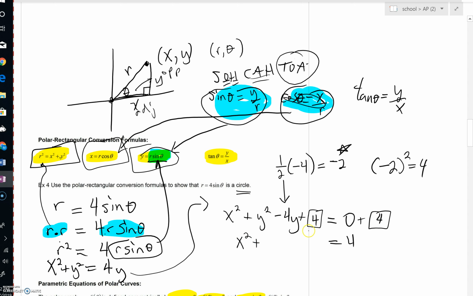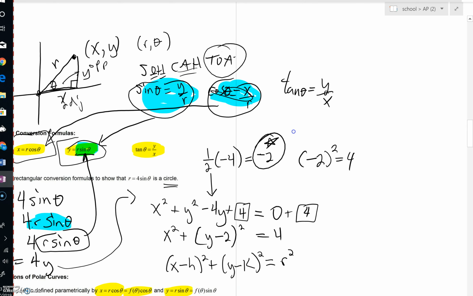But now I have a squared binomial. What I put a star by is actually going to come into play. You can see this is actually y minus 2 quantity squared. And guys, this is the equation of a circle. Wonderfully, you might remember from your days in geometry, actually in algebra also, that this x minus h squared plus y minus k squared is the equation of a circle when you have it equal to r squared.